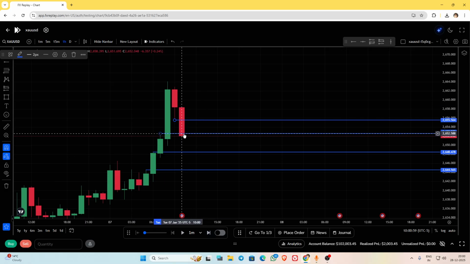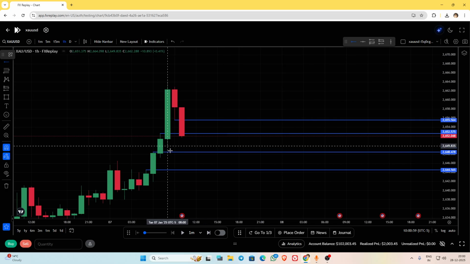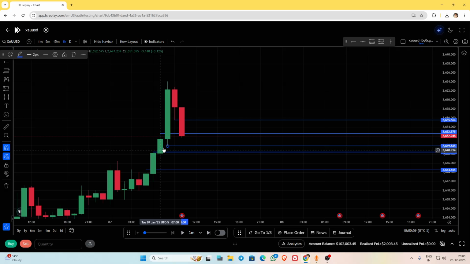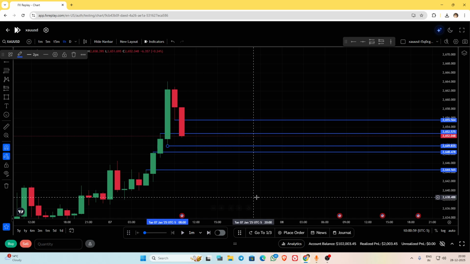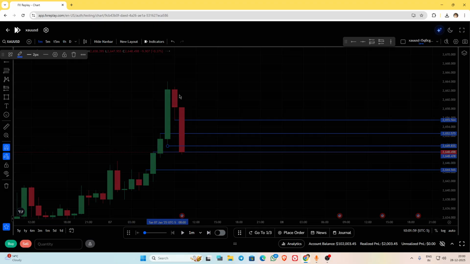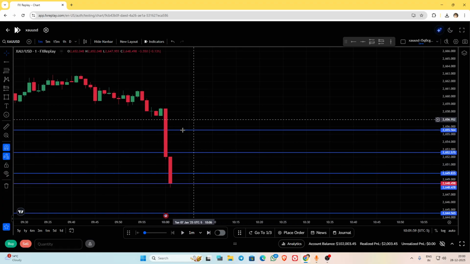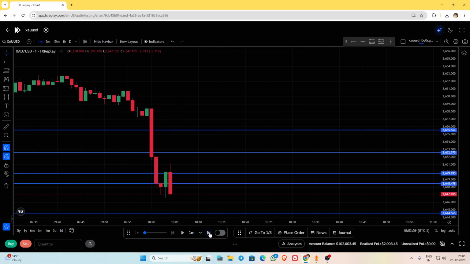Okay, now we are at our 7 a.m. POI, and there is one more POI you can see, because this is making a fair value gap and this also becomes one of our POIs. Let's see, are we going to get a trade somewhere around here? Let's move to 1 minute, and in order to go long here we need a close above this, so we are looking for a new phase of price.